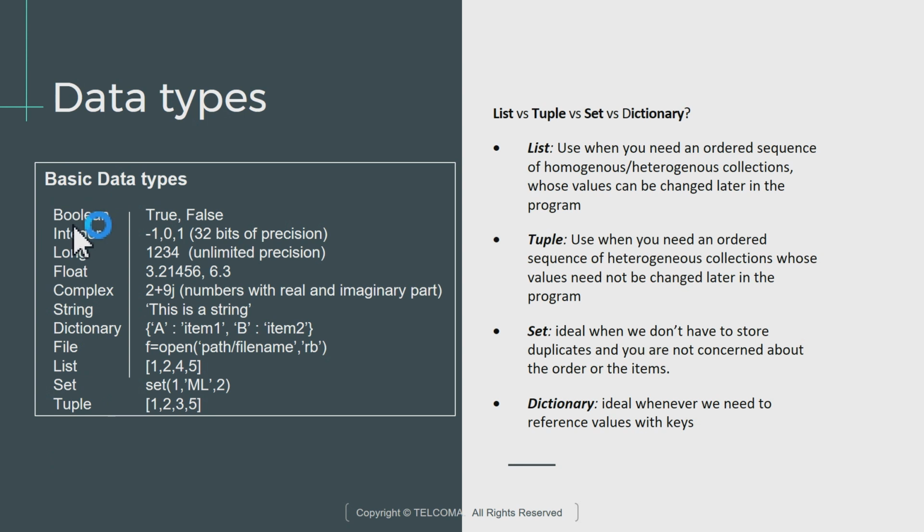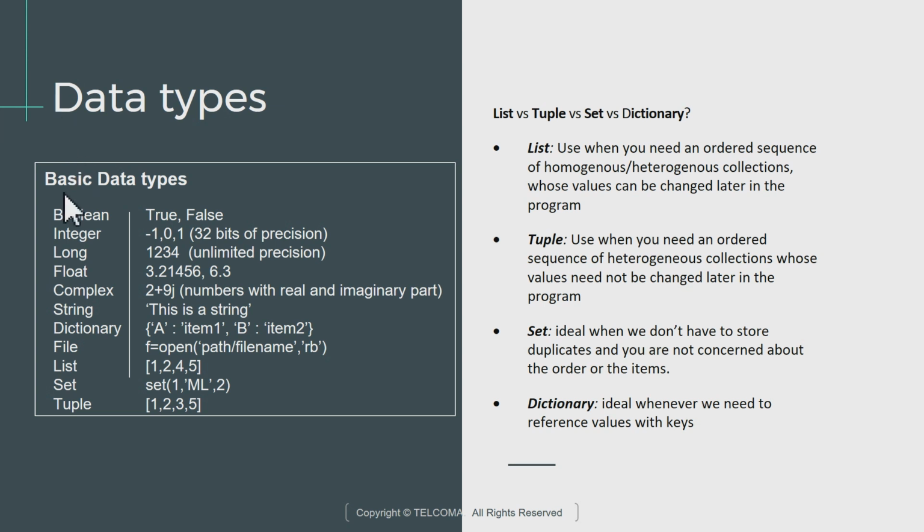Boolean is a data type which stores values like true or false. Integer and long are data types which store numeric values with negative and positive signs. So something like -10, 25, or 345 could be an integer value.